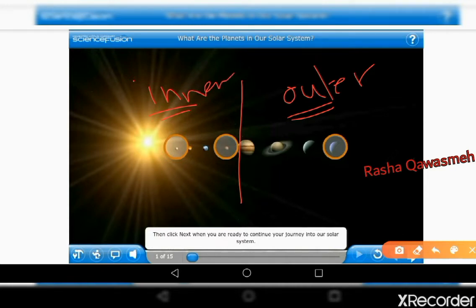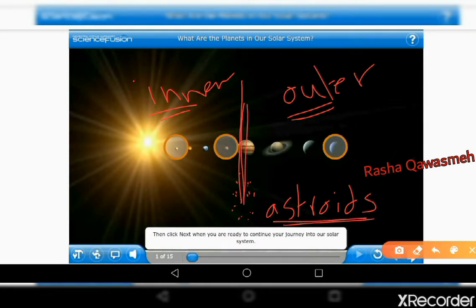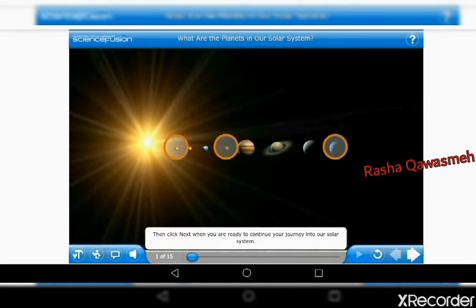And between them there is a belt made of rocky objects, which is called asteroids. You will know more about them. It's between the inner and the outer planets. Okay, let's see this one.